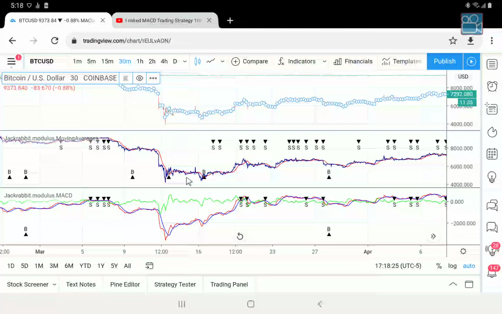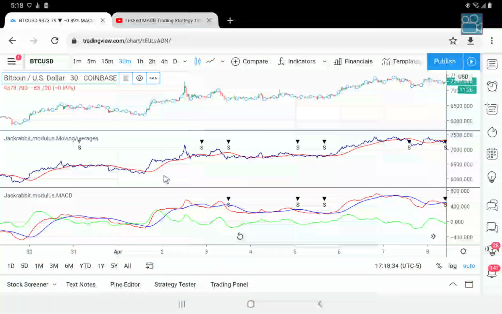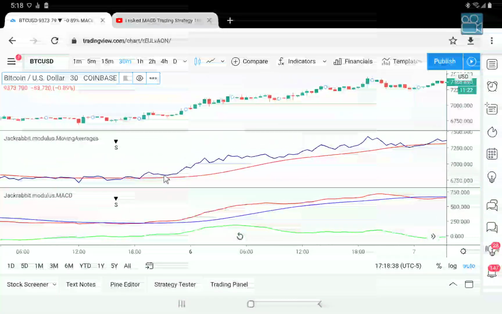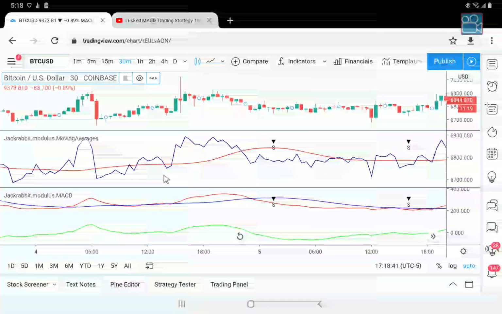Now, I've used the sine wave moving average, which is basically a poor man's MESA. And I'm going to scale this in and zoom it. Let's find a buy signal.